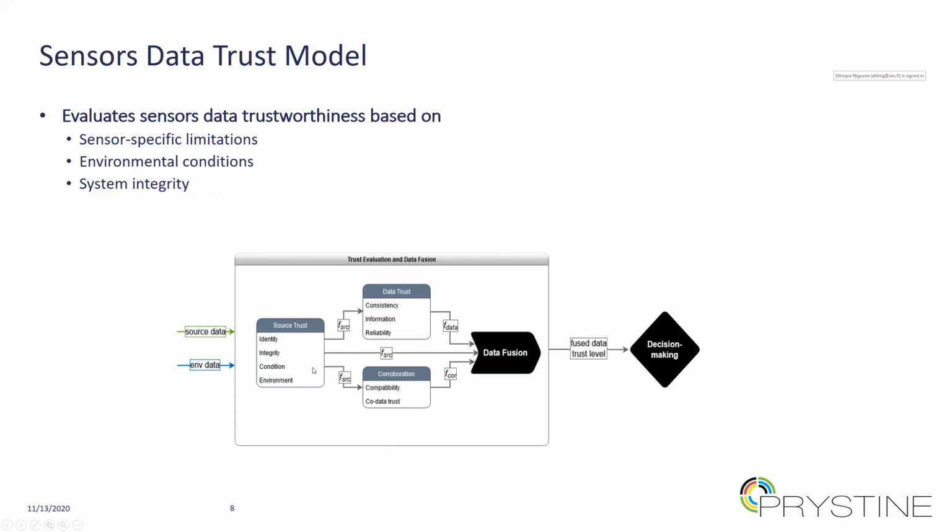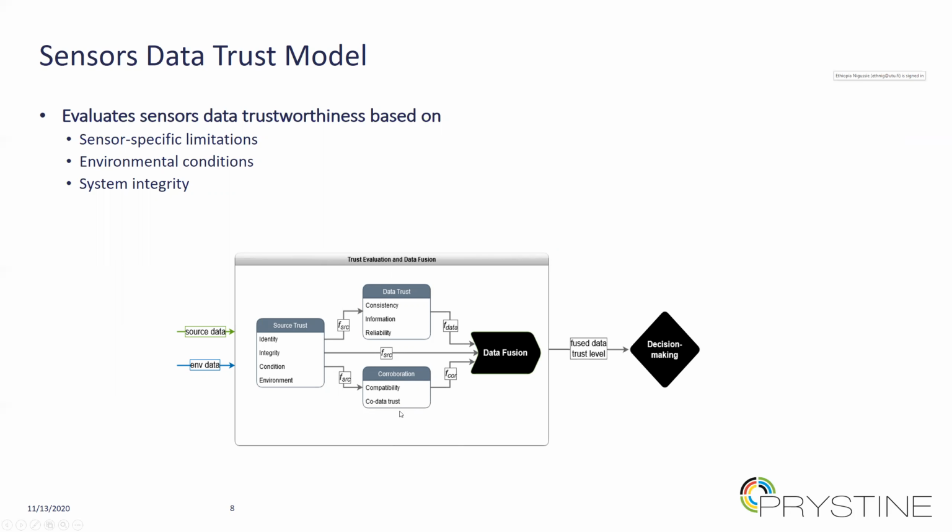So we have the source trust, which evaluates the environmental conditions, the integrity of the data, and the identity. But also we have the data trust, which evaluates the consistency of the data, the information, and the reliability. And then we also have enhancing parameters such as source detection, corroboration, and prediction accuracy.